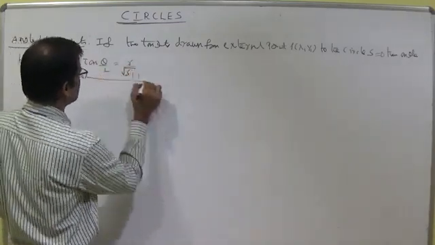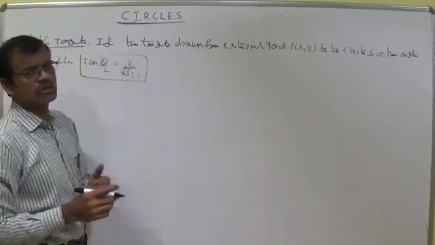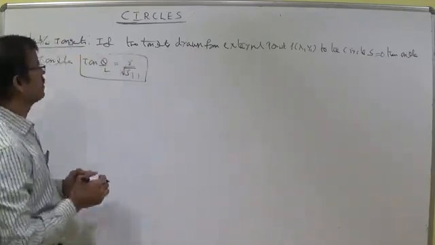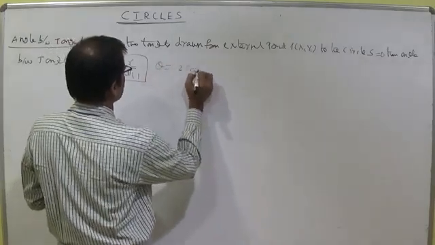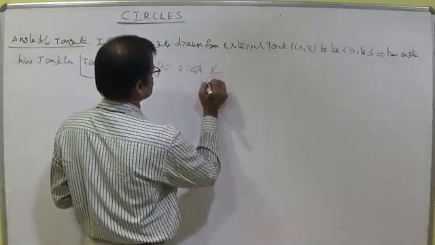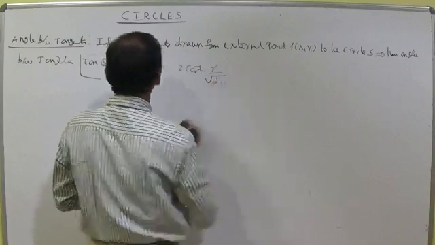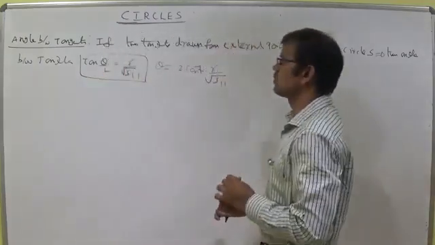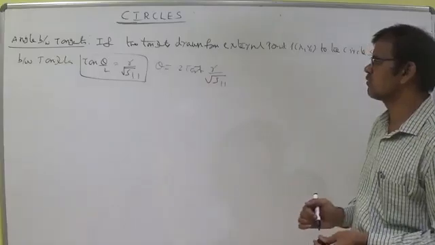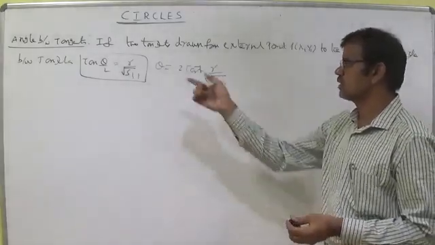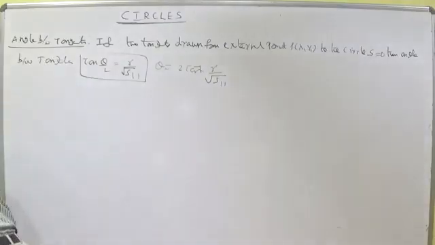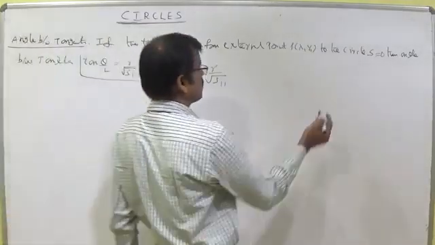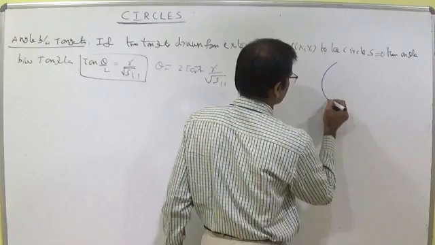Of course, the angle is theta. This is the notation. If you need the angle, you should write theta is equal to 2 tan inverse of r by root S11. Because theta by 2 is equal to tan inverse r by root S11, and by cross multiplication we can write theta is equal to 2 tan inverse r by root S11. Let us discuss about this one.